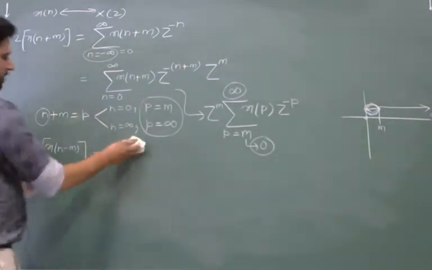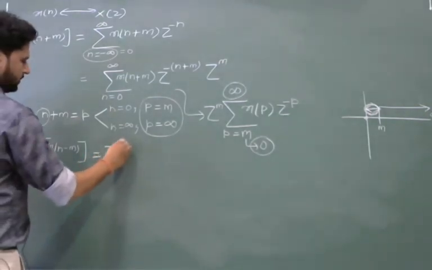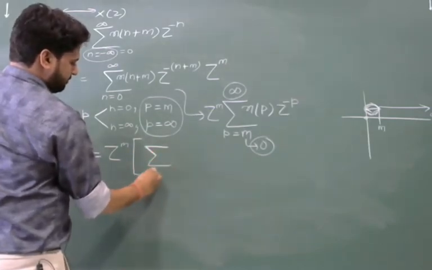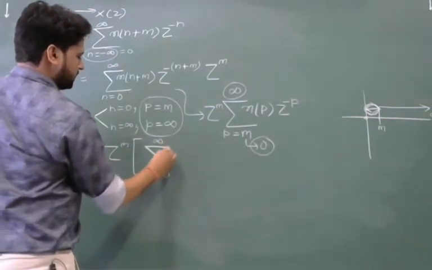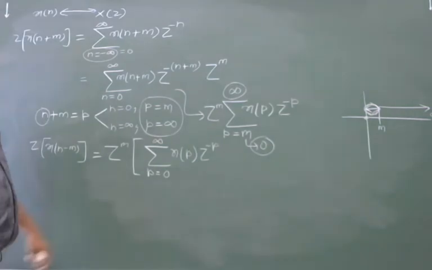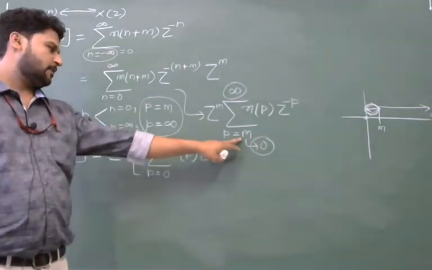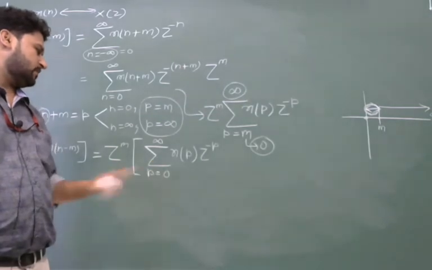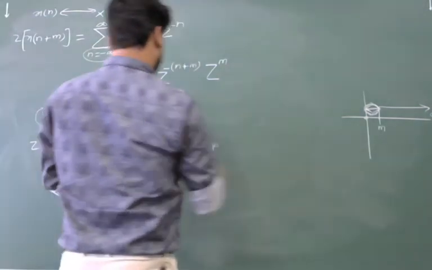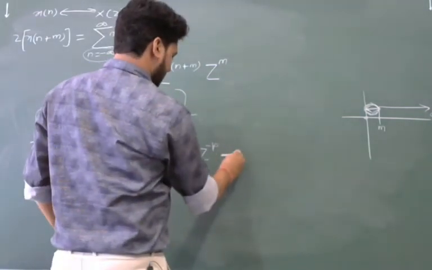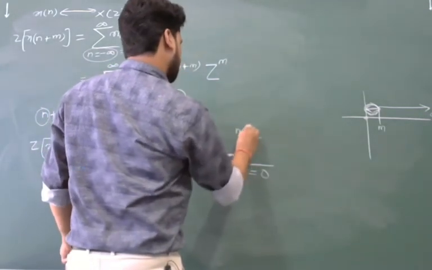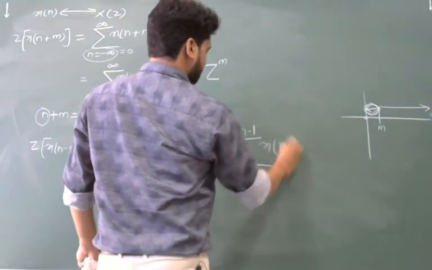I will put z power m outside, and this will become sigma p from 0 to infinite x of p into z power minus p, because we added an extra term here from 0 to m minus 1. So this will become 0 to infinite. Now I will subtract the same term, sigma p from 0 to m minus 1 x of p z power minus p.